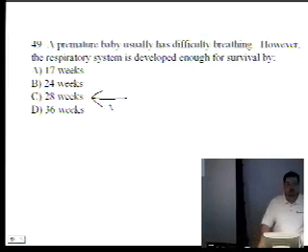And there's several reasons for that. One of them has to do with a surfactant that's secreted, and we'll get to that in a little bit. And then the other one is what I just mentioned. The vasculature doesn't develop right away, and so the actual structures of the lungs are developed way earlier than the vasculature is.